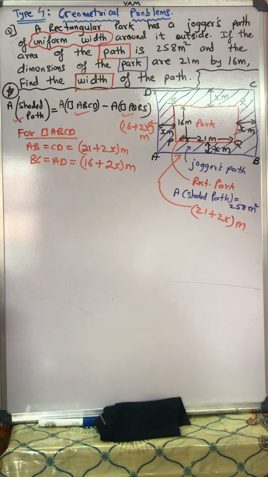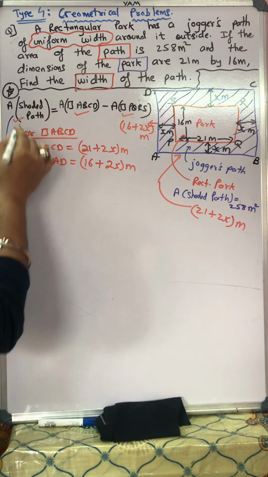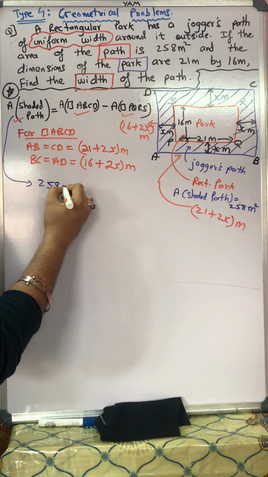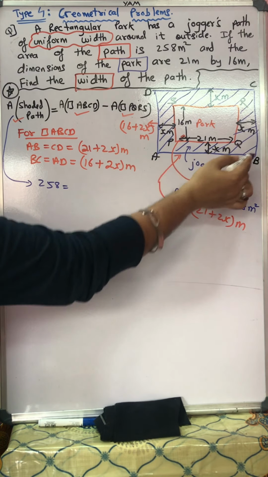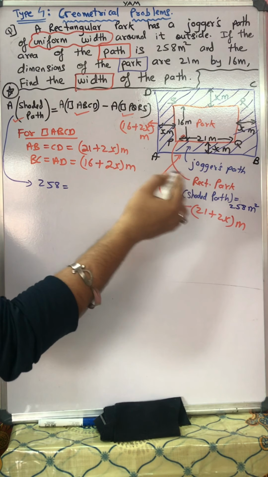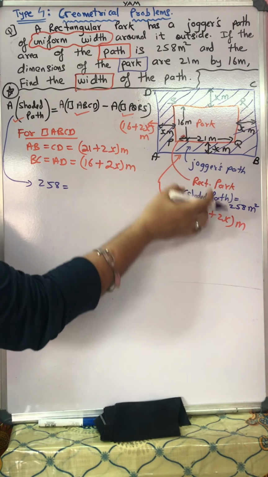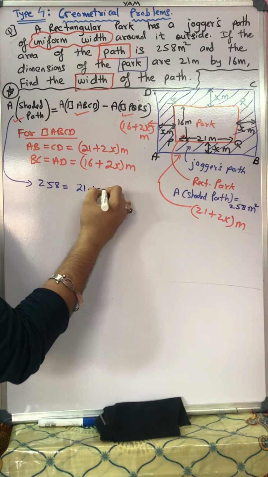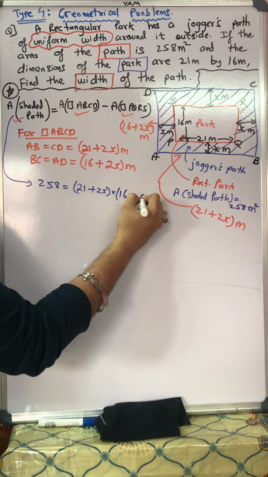So now let's proceed, students. Area of shaded path, how much is it? It is 258, equal to area of the bigger rectangle ABCD, length into breadth. The length of AB is 21 plus 2x and breadth is 16 plus 2x. So I'll say 21 plus 2x multiplied by 16 plus 2x.